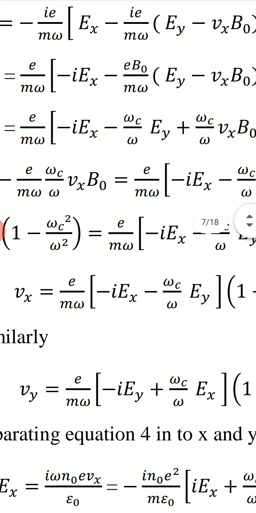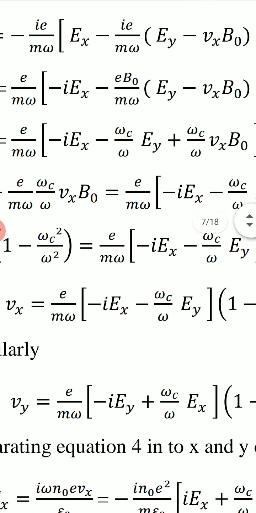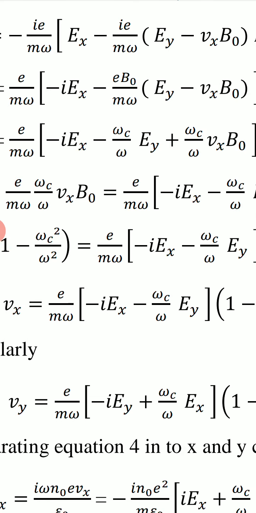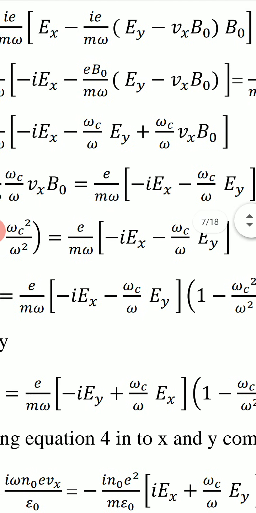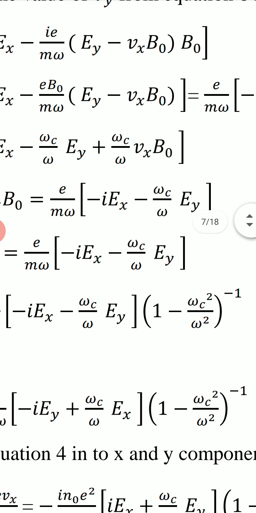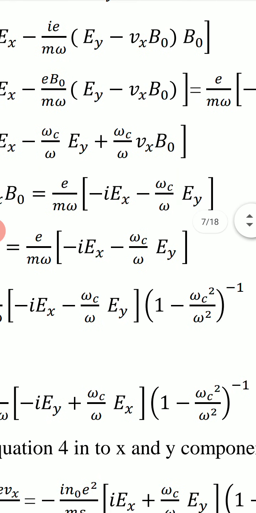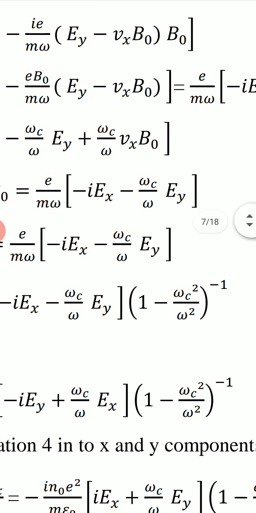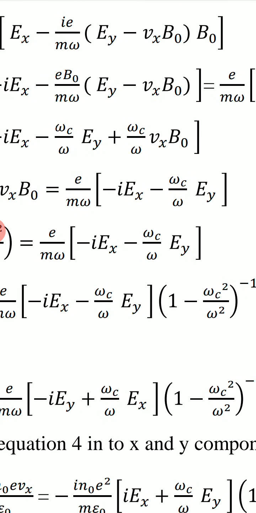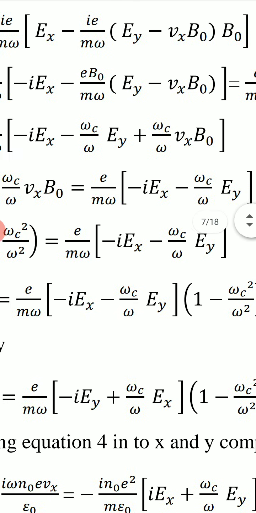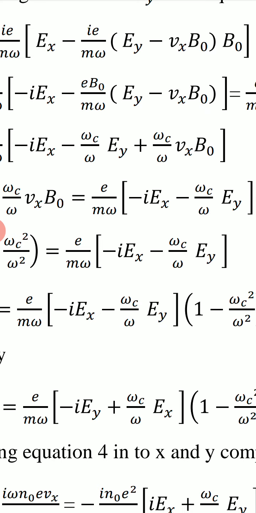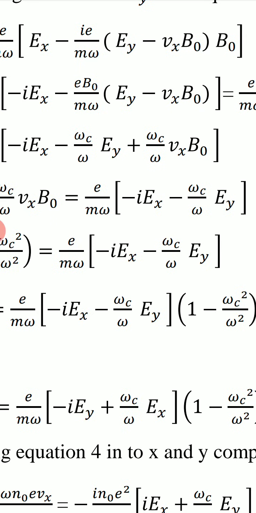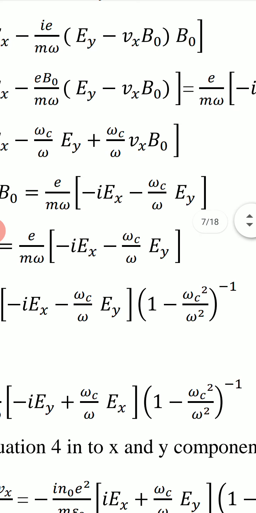So we have minus e upon m omega Vy minus Vx B0, and B0 also. So the second term inside the bracket becomes minus e B0 upon m omega into Ey minus Vx B0.